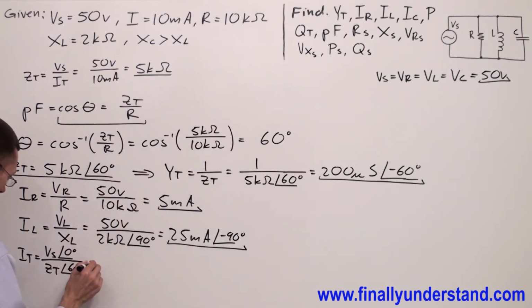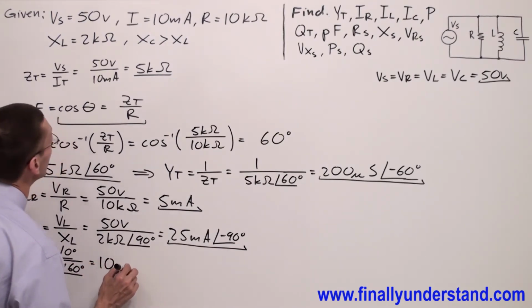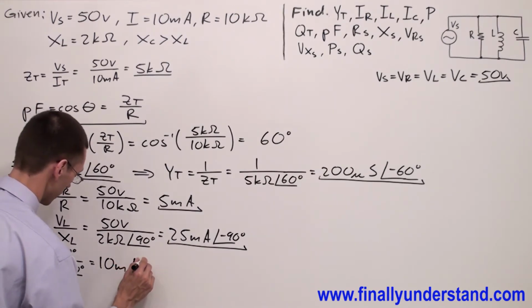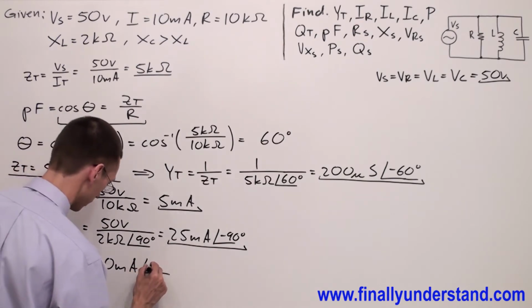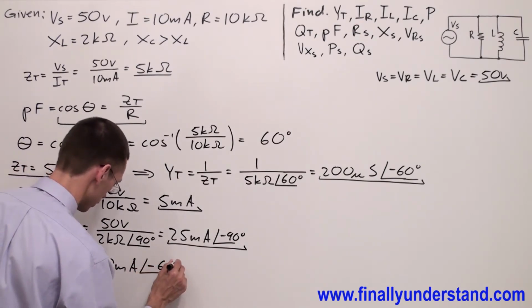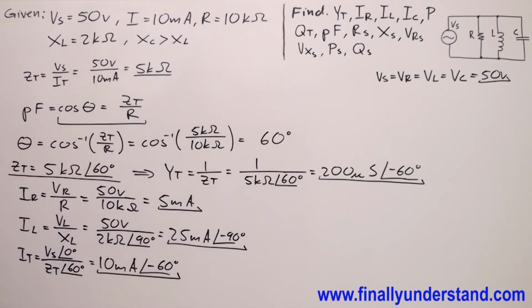Right? We know that I total has magnitude of 10 milliamps, and if you are going to subtract these two angles, because we're dividing two polar forms, anytime you divide polar forms you have to subtract the angles, you are going to end up with angle of negative 60 degrees. So this is my I total.